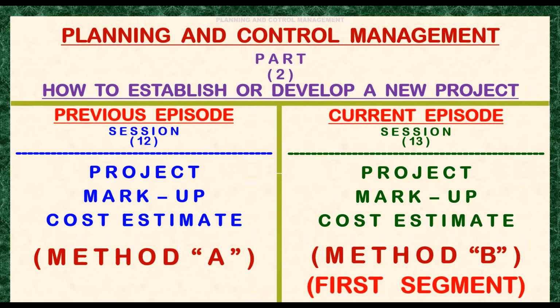Okay, before we proceed to the main topic for today's session 13 for project markup cost estimate method B, first segment, let's get back to the last session 12 because we missed to consider the markup cost for project expenses.